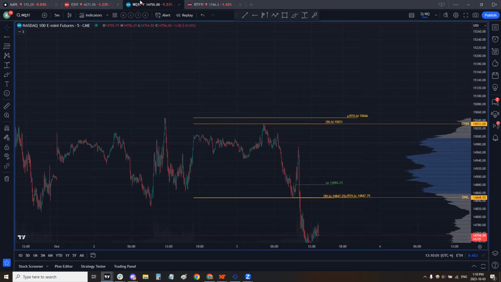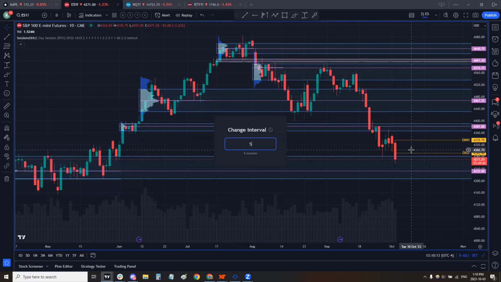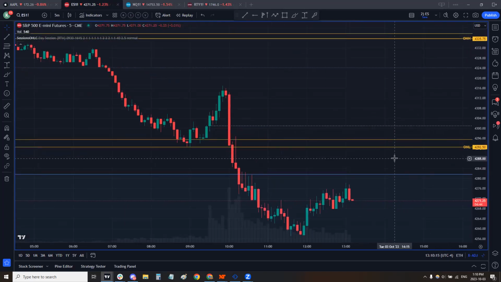So at this point on the S&P 500, sellers are completely in control. Sellers are doing the work, and I don't want to stand in front of that. I'm going to wait until tomorrow or the day after until we have a day where the price is above the open.